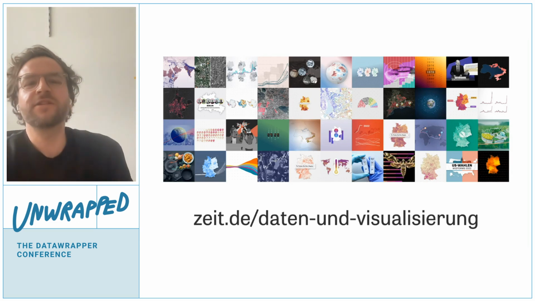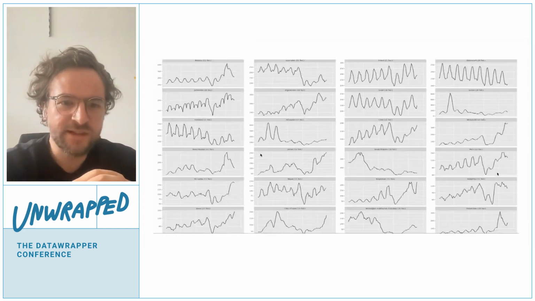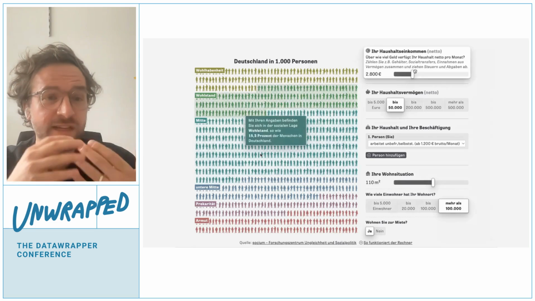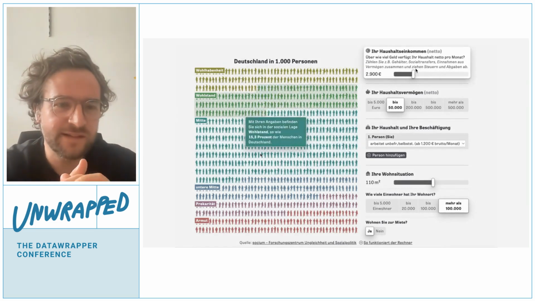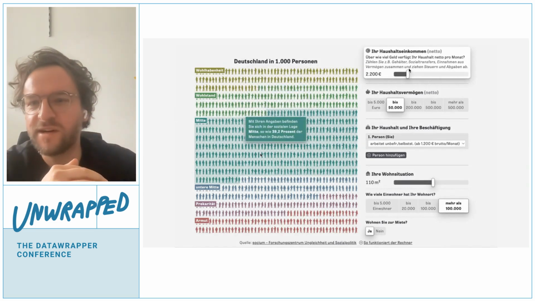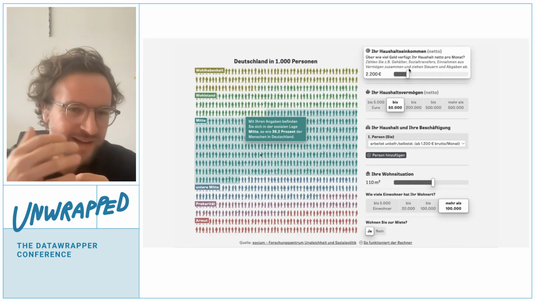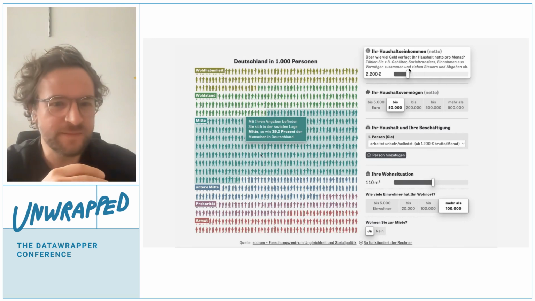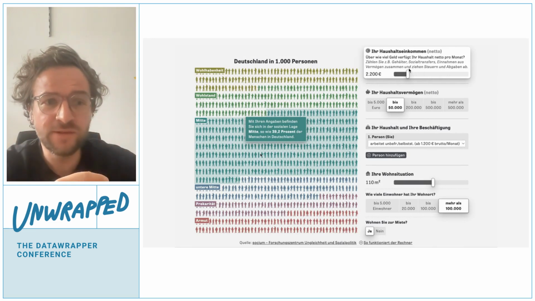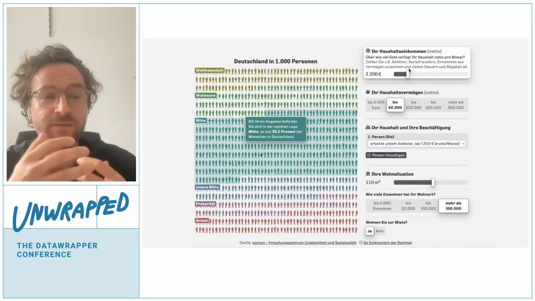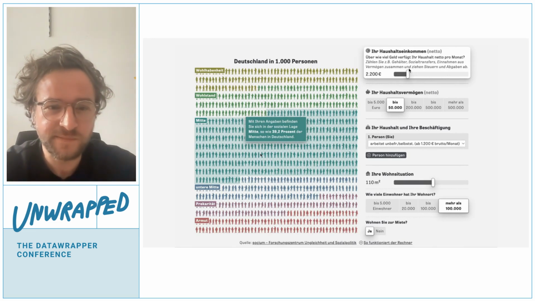We do a lot of data analytics, as you can see here. We publish interactive tools, like a calculator that tells you if you're middle class or not. We do personalization of charts and a lot of interactivity.